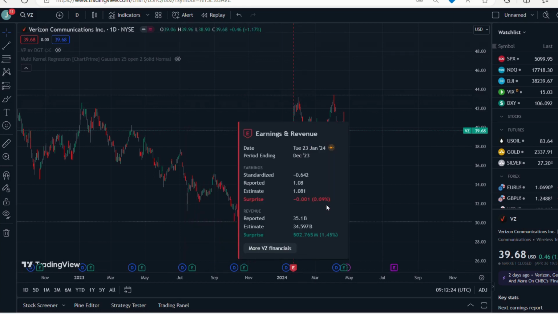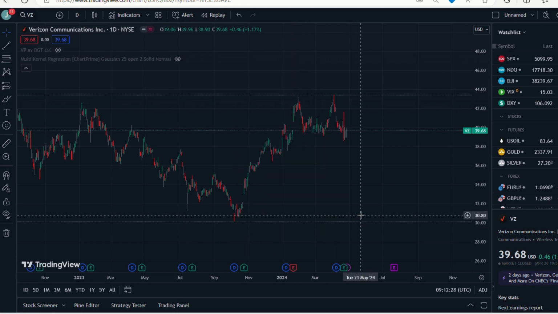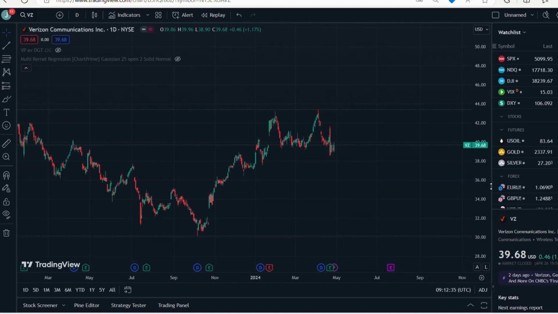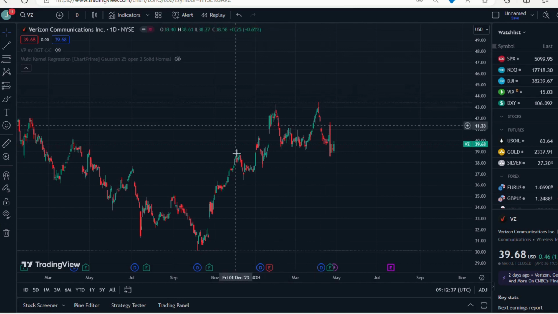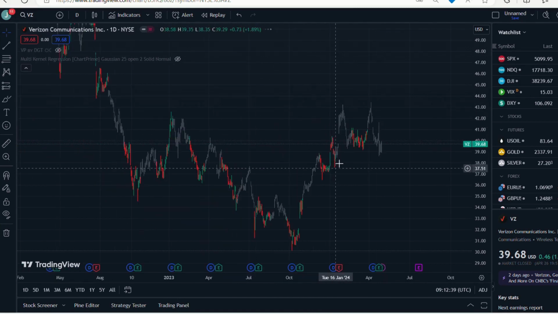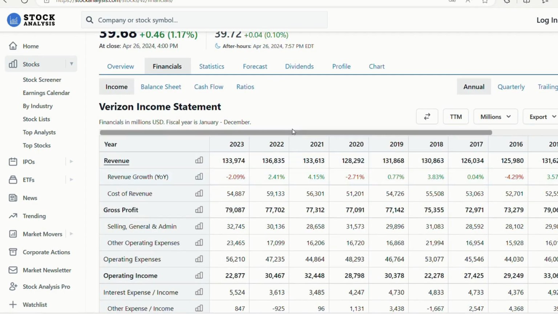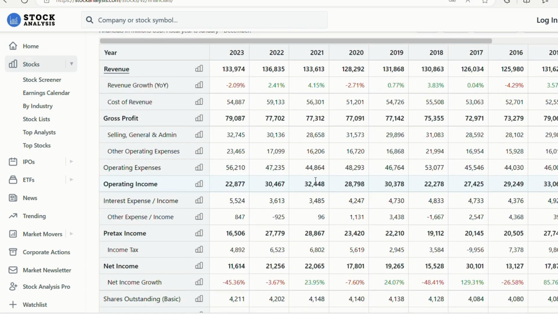As you can see, 0.09, 1.45, and I believe that this company has good health, not only because the fluctuations are not so big, for example in the last 3 months, but also because the company has good financial elements. The revenues can grow, with not so big differences.